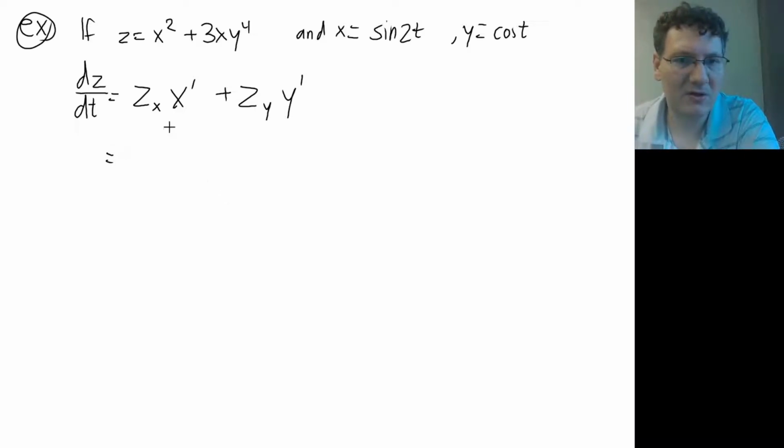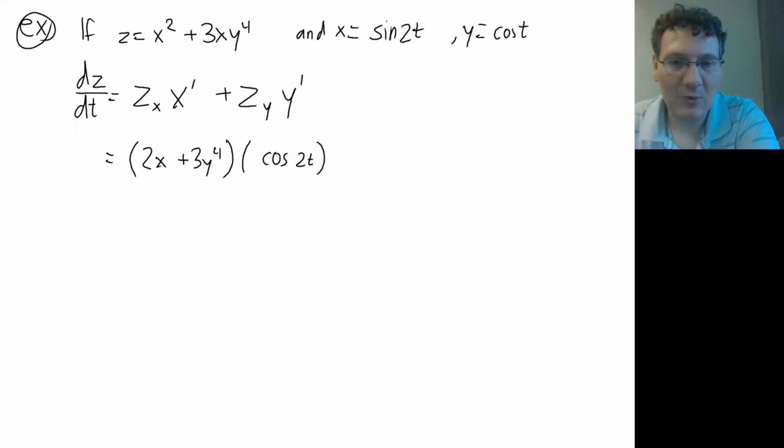So the partial of z with respect to x is going to be 2x for the first term, plus 3y to the fourth. And the derivative of x with respect to t is going to be the cosine of 2t with a 2 coming out front because of the chain rule for functions of one variable.